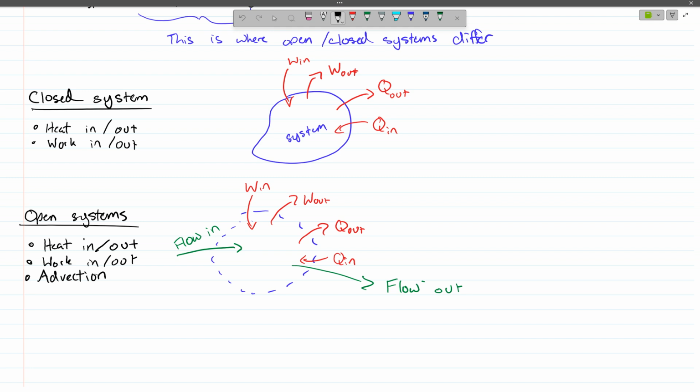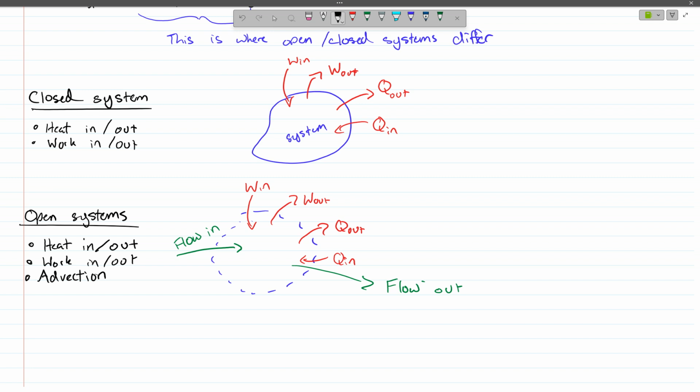If you have cold flow entering a region of space, getting heated up by Q in and then leaving at a higher temperature, think like an air handler in a home furnace, then you have basically a net loss of energy through some of that energy being carried across the boundaries of our control volume by the moving matter.